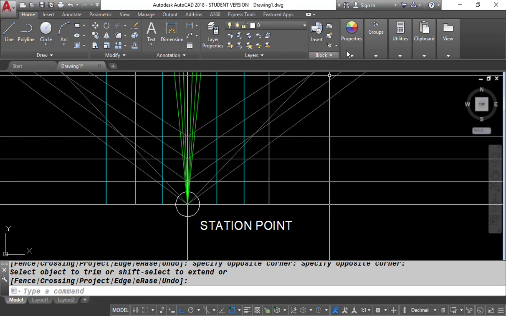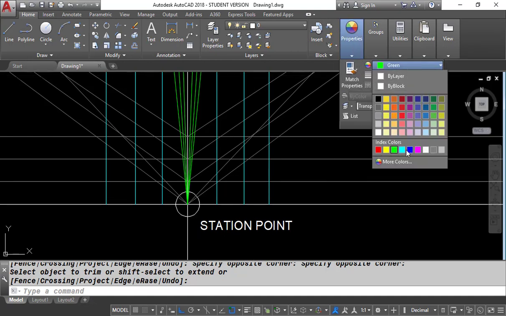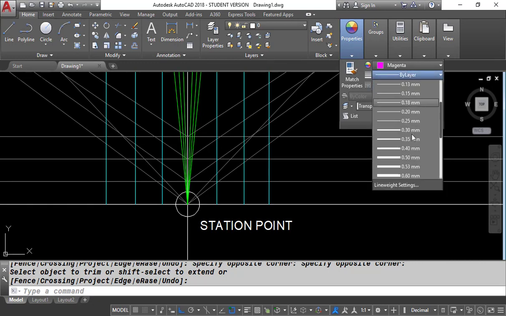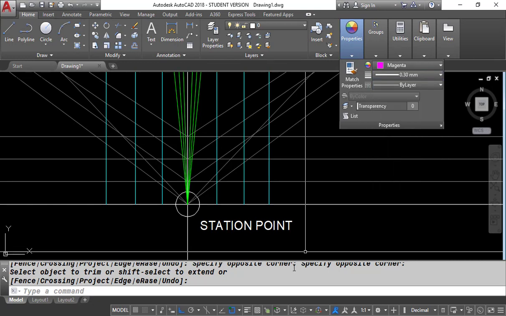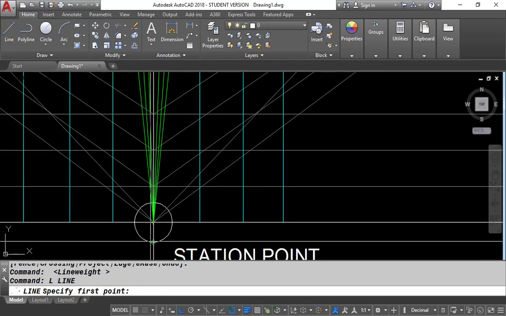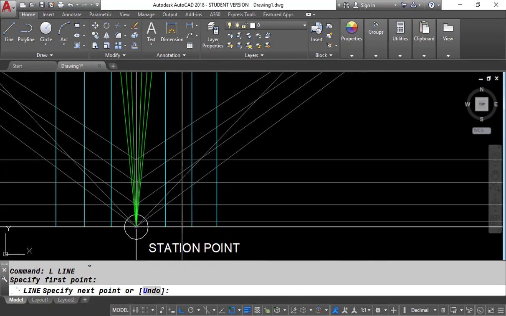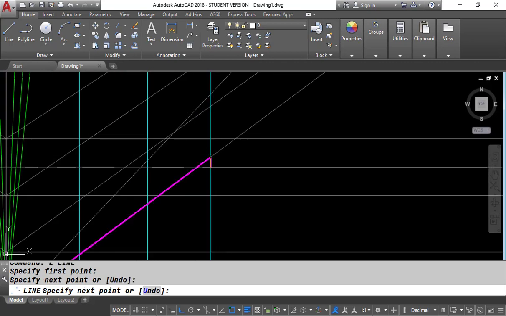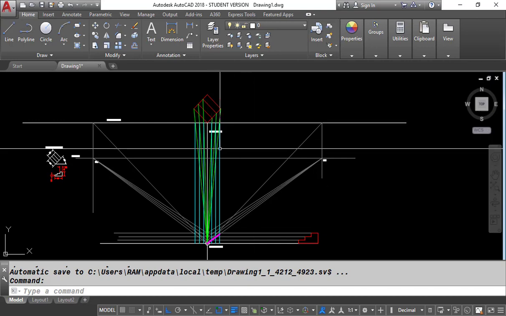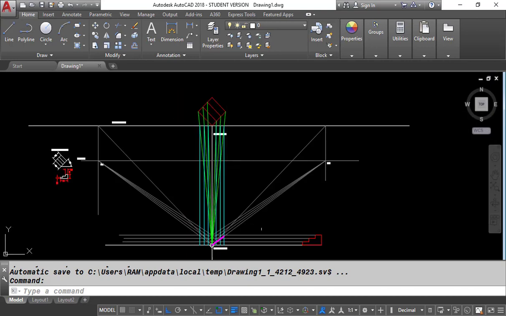So first of all, let me change the color to magenta, and let's say dark, so that you can understand very easily. Now our first point is from here up to here. This is our staircase side view, this side view, right? First of all we will draw this side view, and after that we can draw this side view.